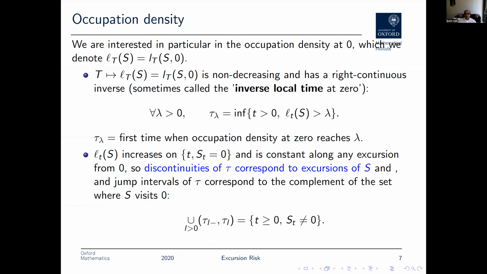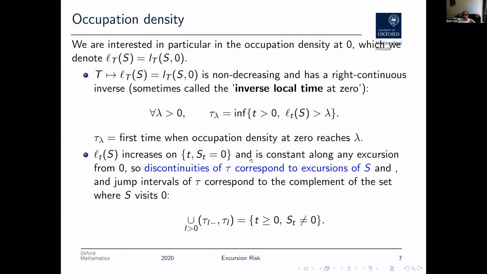Now, what's the link with excursions? Well, you can see what's going on, because L_t, the occupation density, only increases when you occupy 0, when you hit 0. So it increases on the set of times when you are at 0. When you're spending time at 0, you increase L_t. But it doesn't increase outside this set.